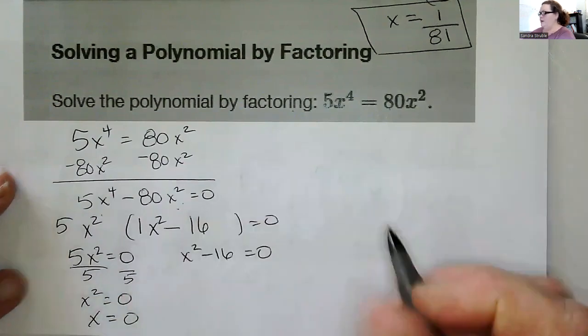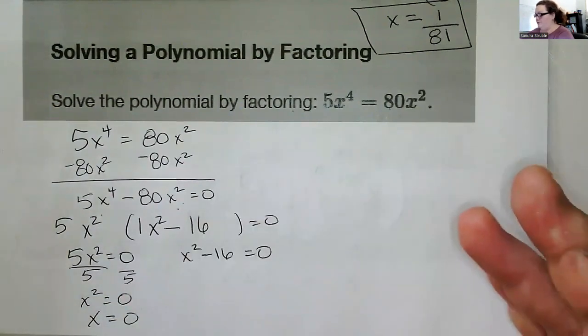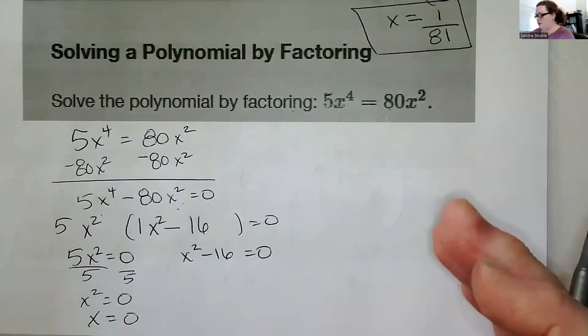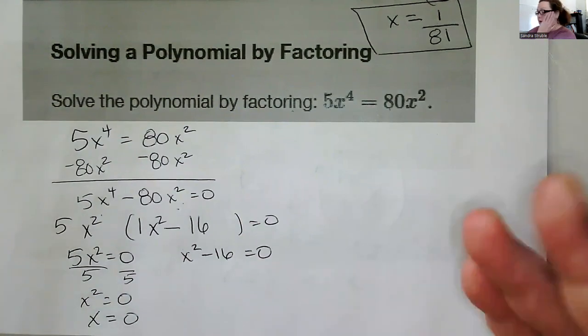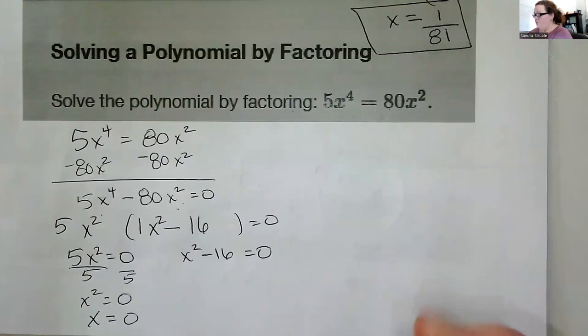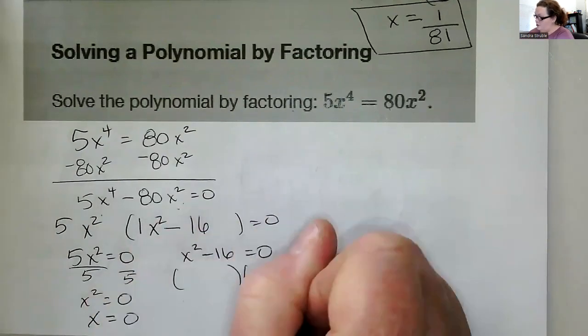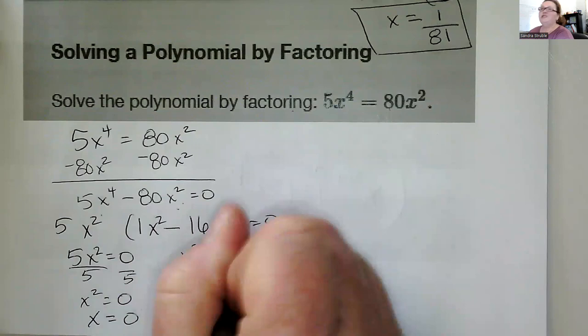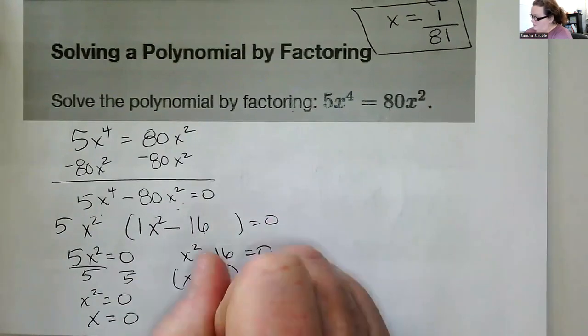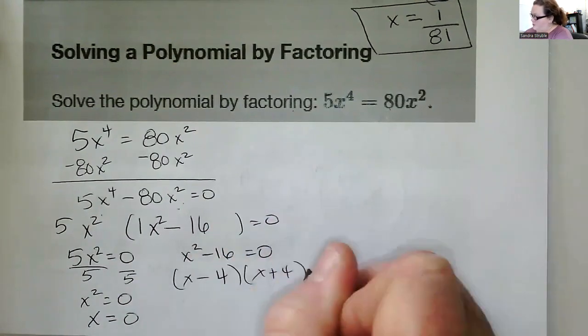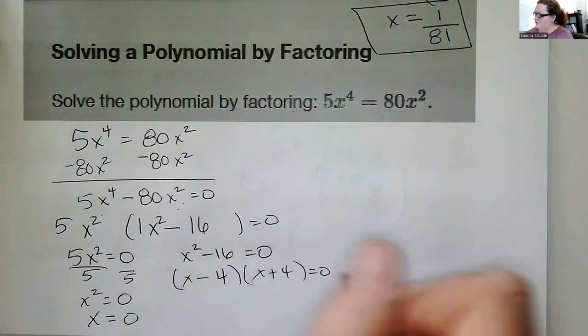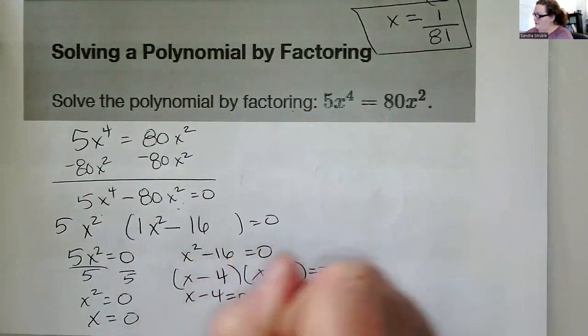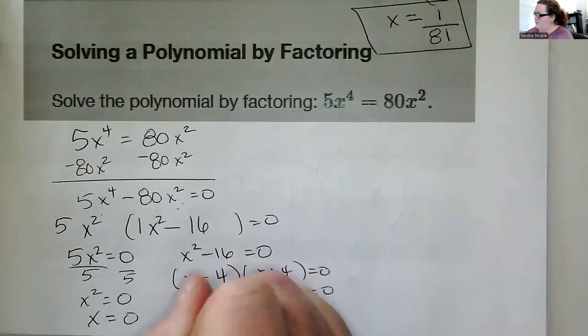For this one, now they've been wanting us to factor. There's 2 ways you can handle this that I automatically see. One is to factor this into 2 parentheses because it's the difference of 2 squares: x minus 4 and x plus 4. Set those both equal to 0 and solve for x.